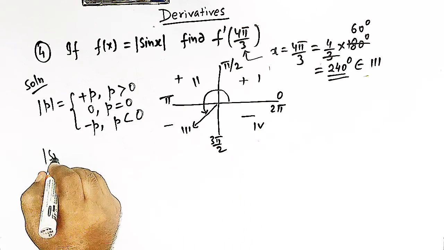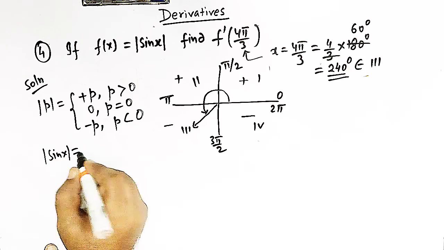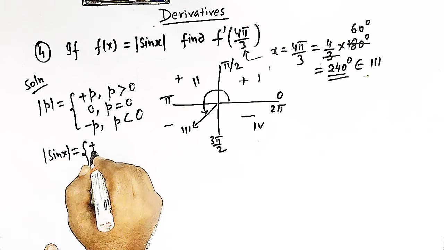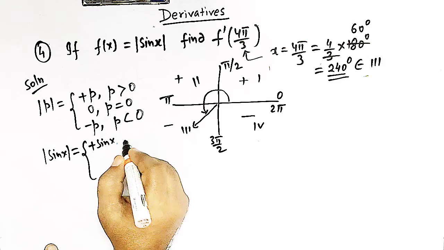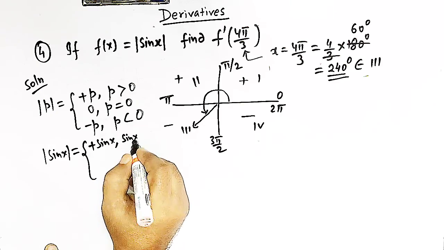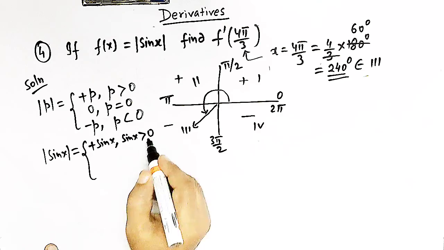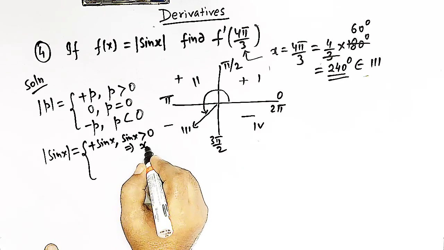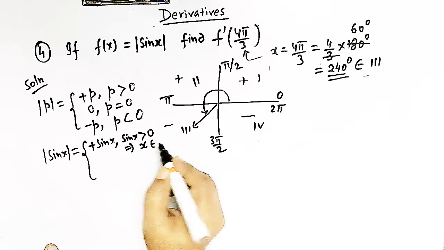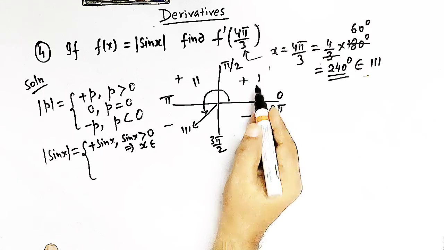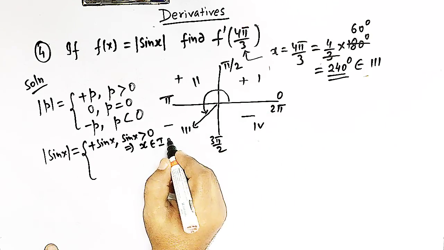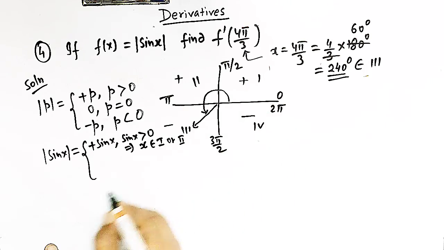Because mod of sine x can now be defined like this: mod of sine x is positive sine x whenever sine x is greater than 0, and sine x is greater than 0 when x belongs to either the first quadrant or the second quadrant, right?